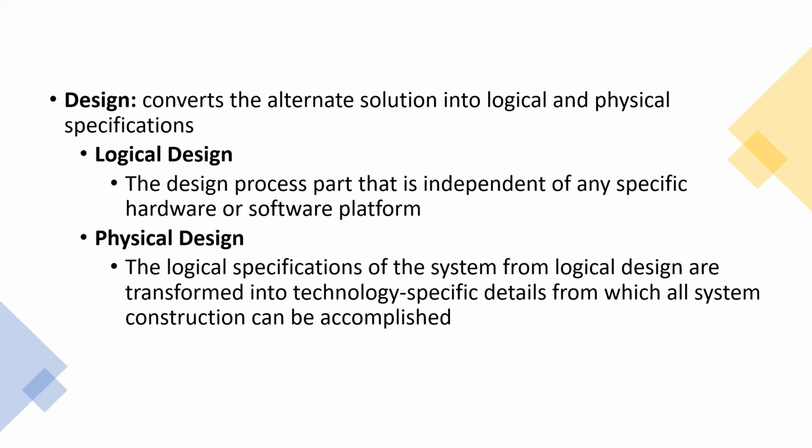That means there is a formal design of the system that maps how the requirements will be met, but it is not tied to the hardware or software that the system will use. The physical design takes the logical designs and transforms them into technology-specific details from which all system construction can be accomplished. In this case, it means you have the hardware and software considerations.